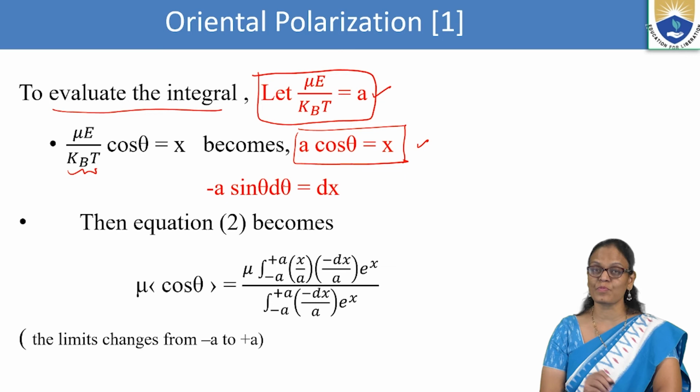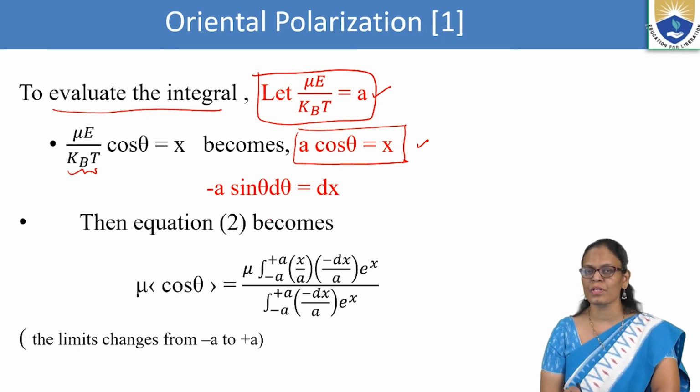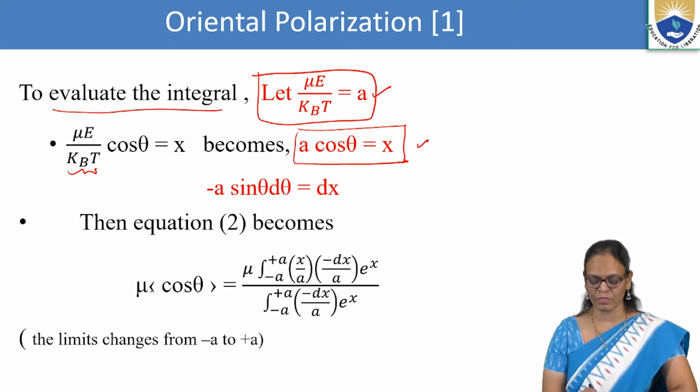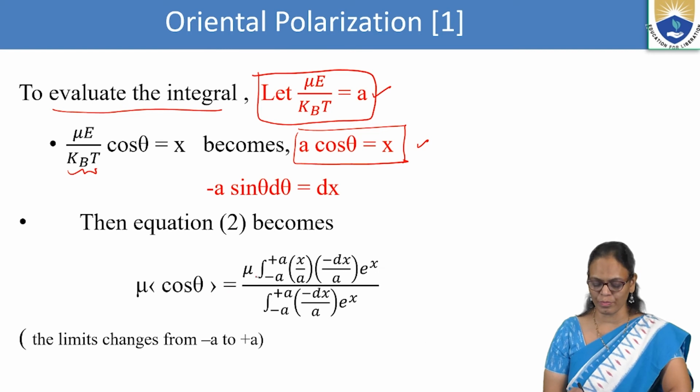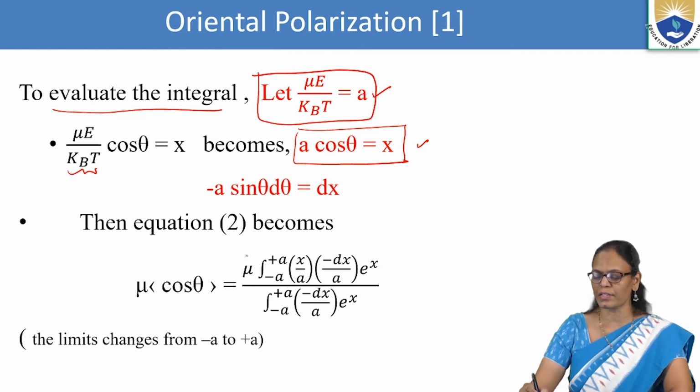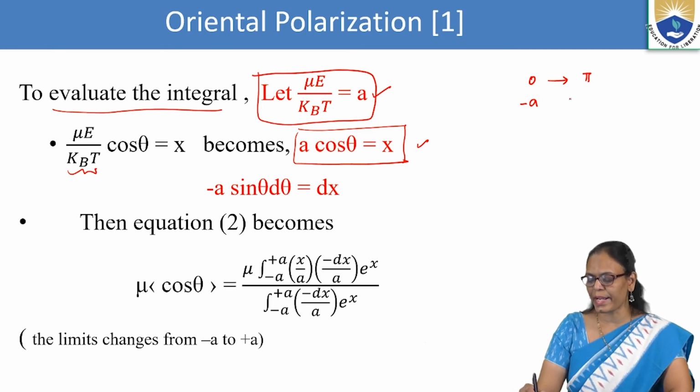Now we are going to substitute this in equation 2. So in equation 2, what we have? μ cos theta is equal to μ integral minus a to plus a. The limits from 0 to pi will now, on this substitution, go from minus a to plus a.